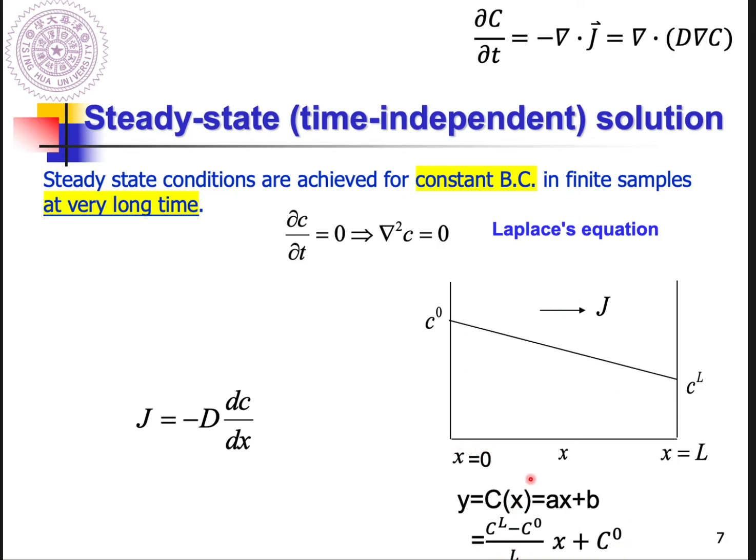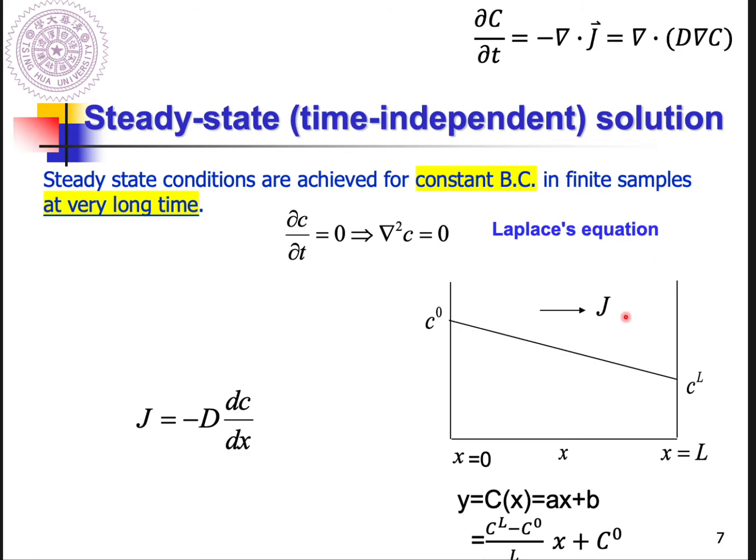Because this is linear, I can write Ax plus B, and when x equals 0, the concentration equals C0, so B equals C0. And I can easily get the slope A, so I get the concentration profile.